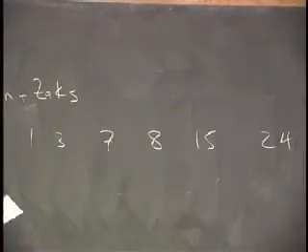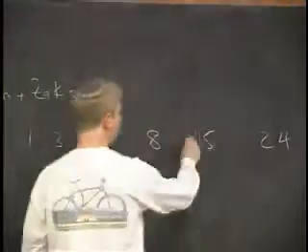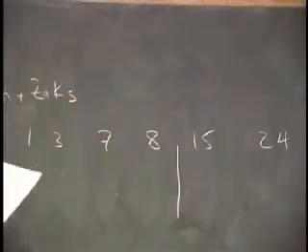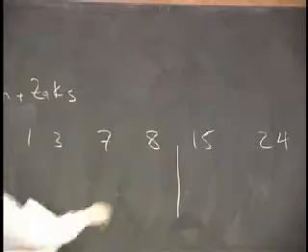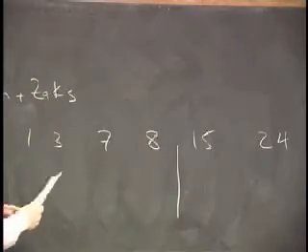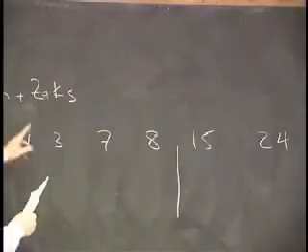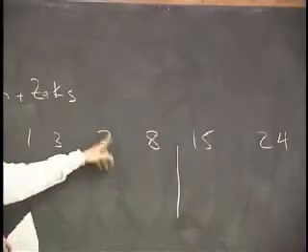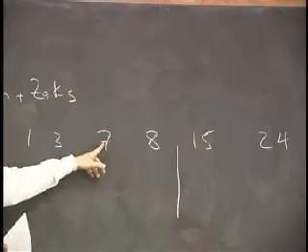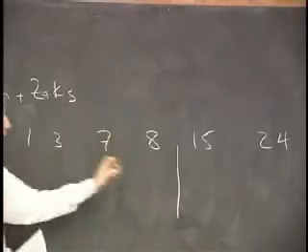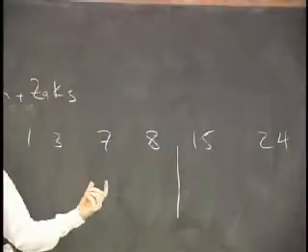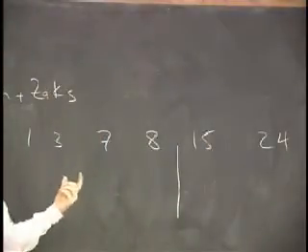It has to be strictly in between something less than the top two, and something bigger than the third coin plus 1. So go to the third coin, add 1 to it. Go to the top two coins. And in between there, that's the range where the exception has to be.